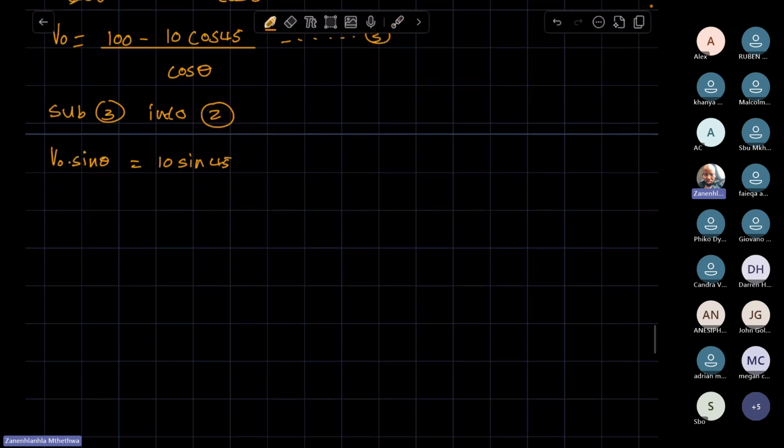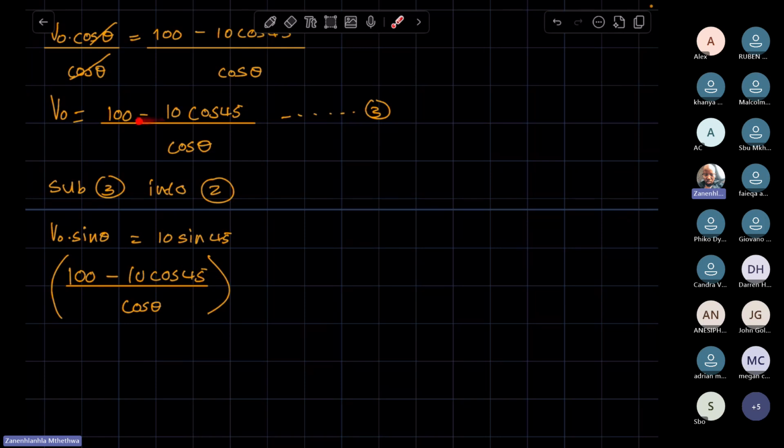So here you will have 100 minus 10 cos 45 divided by cos theta. Remember that this whole term represents VO. But in the second equation, it's VO times sine theta. So you say here times sine theta is equal to 10 sine 45. Do you see that?